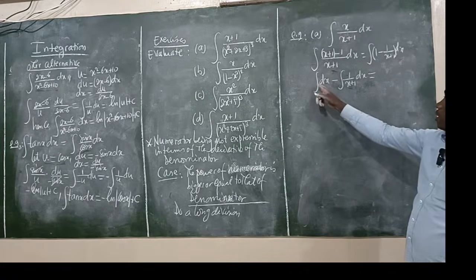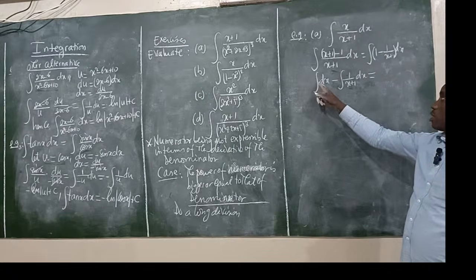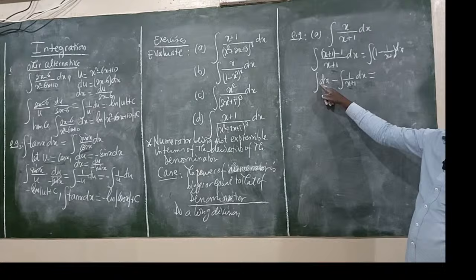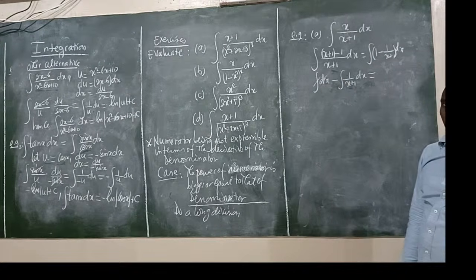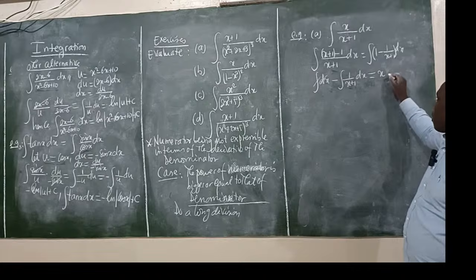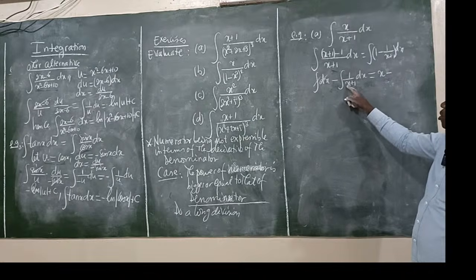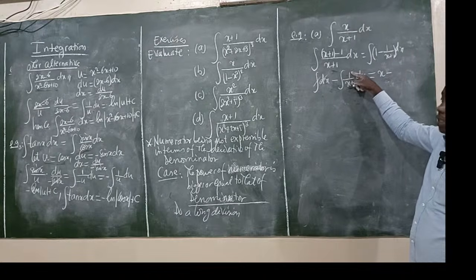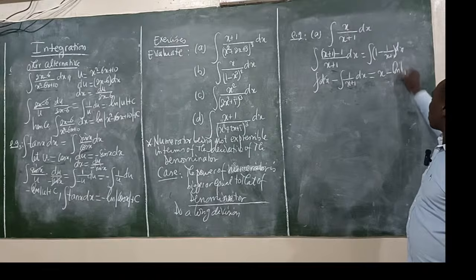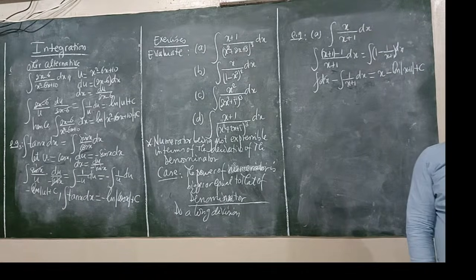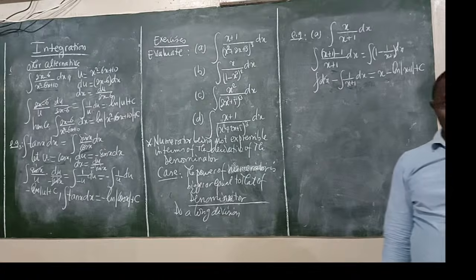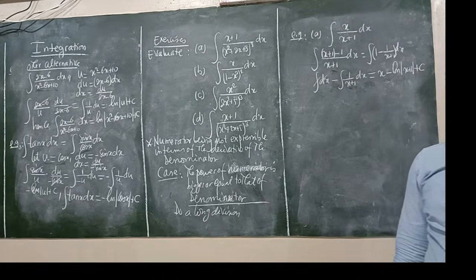Because integration is the inverse of differentiation, the d cancels the integral sign, leaving x minus the natural log of x plus 1. Do not forget to add a constant of integration.